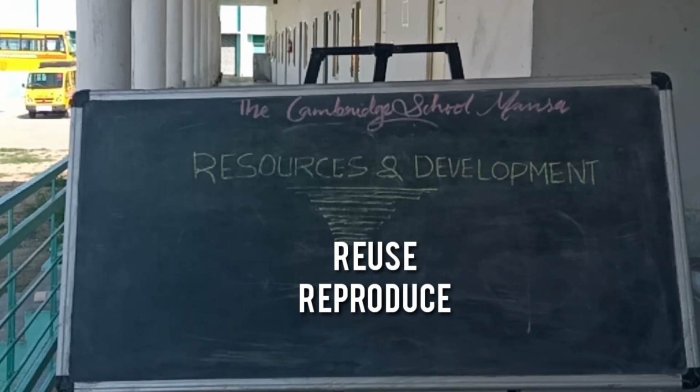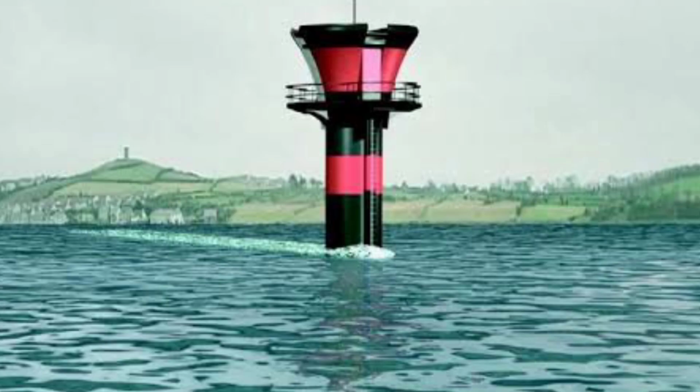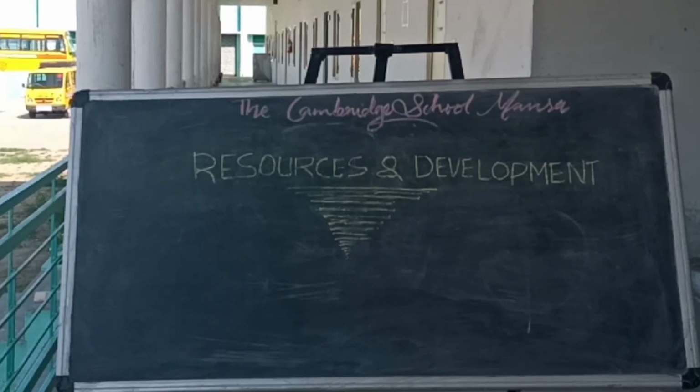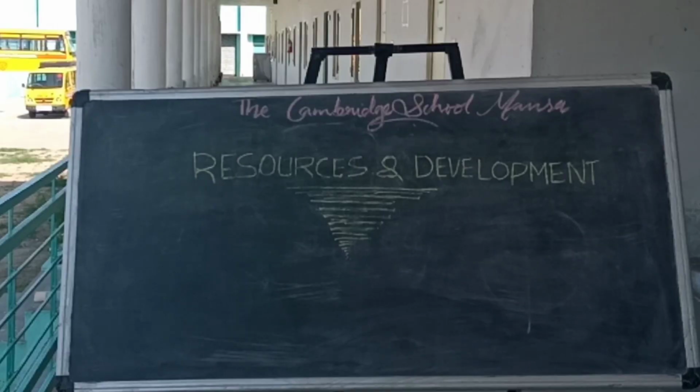For example, sunlight, wind, tides, waves and water are part of renewable resources. Why? Because we can reuse and reproduce these things again, so there is no end to them.